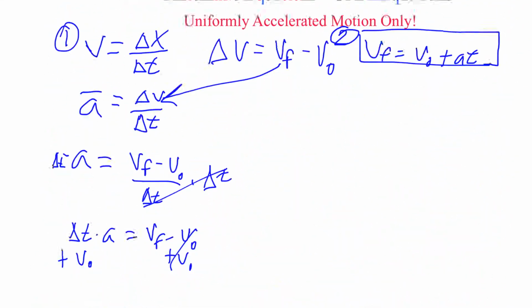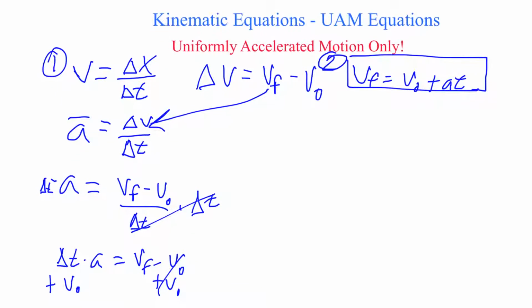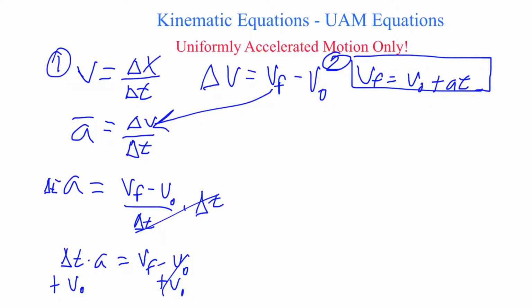Now there's something interesting about each of these kinematic equations. These kinematic equations allow you to solve for things that you don't know. Notice in the first kinematic equation we don't have acceleration. There are 5 kinematic variables: V final, V initial, displacement, acceleration, and time.